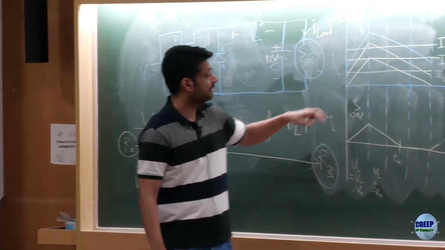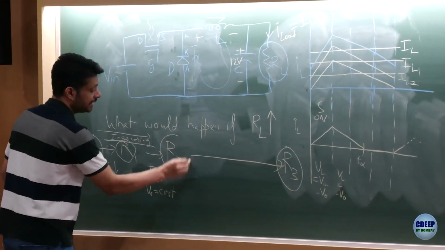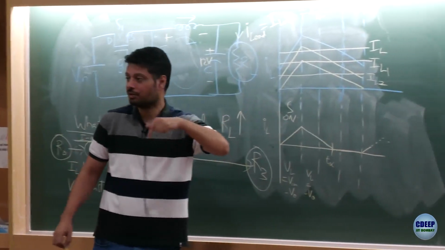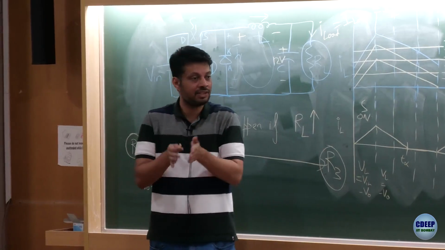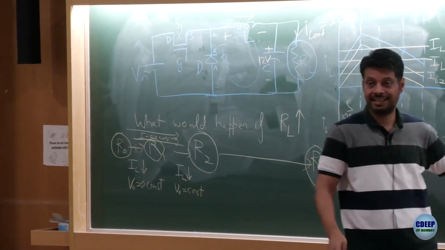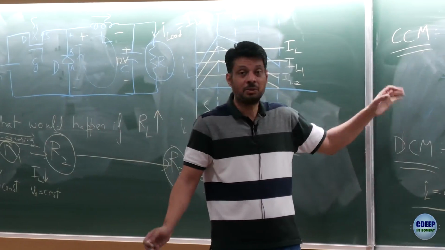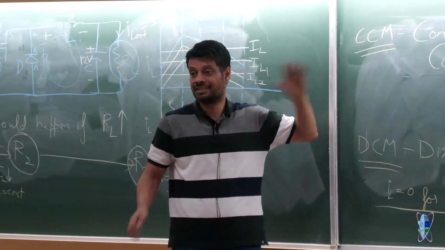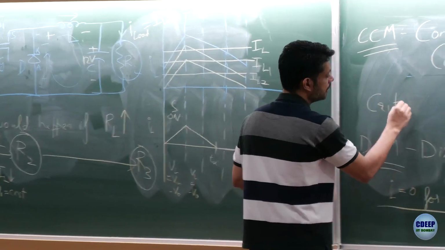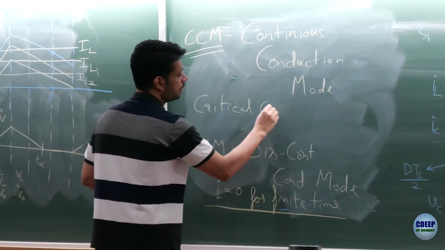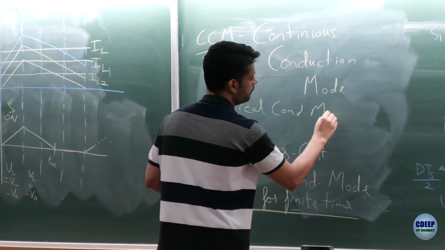This case, which is the R2 case, is touching 0 and then going up again, touching 0 and going up again. It doesn't remain at 0 for a finite duration, so it's not a DCM, but it still touches 0, so it's not necessarily a CCM either. It's somewhere in between, we call it critical conduction mode.